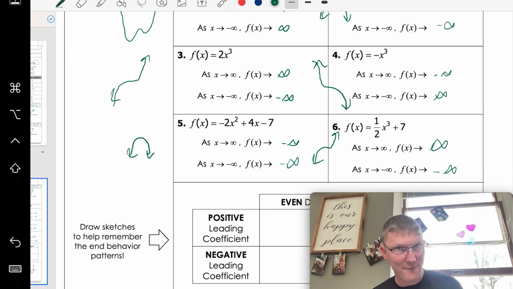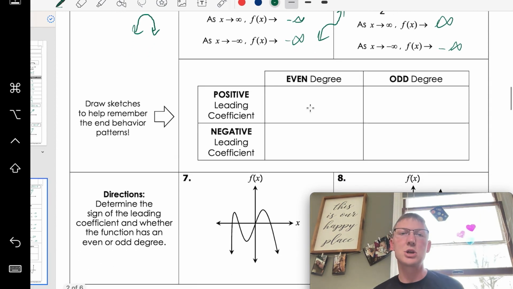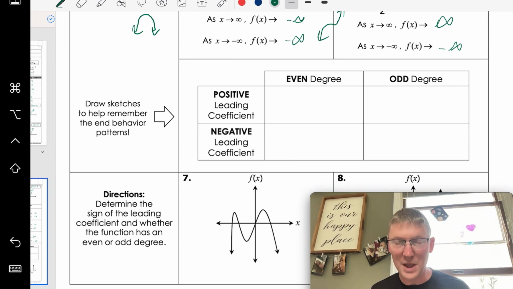Have you caught on to the pattern? When you look at the degree of the polynomial and the leading coefficient, you can tell the end behavior of the graph. If the leading coefficient is positive and it's an even degree, they're both going to go up.